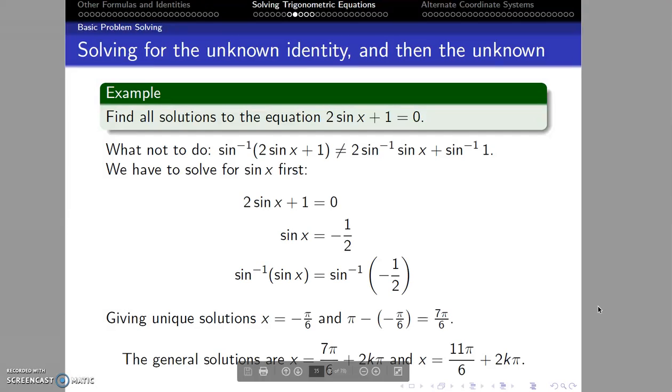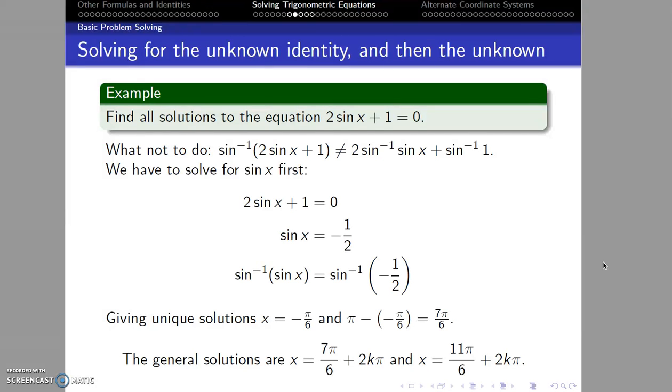That's the same idea though, pi minus angle. And so our solutions in general are negative pi over 6 plus 2k pi, which convention dictates we write as 11 pi over 6 plus 2k pi. And the other half is 7 pi over 6 plus 2k pi. That all together gives us all of our solutions, all infinitely many of them.